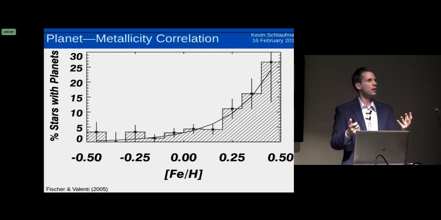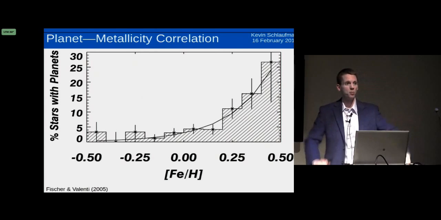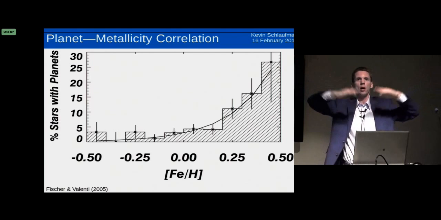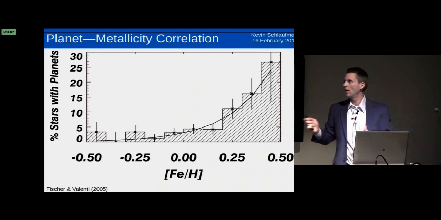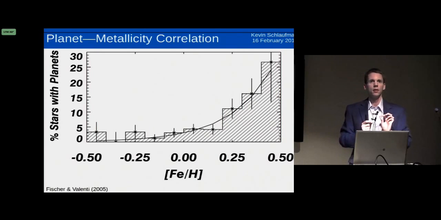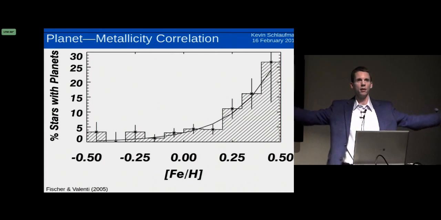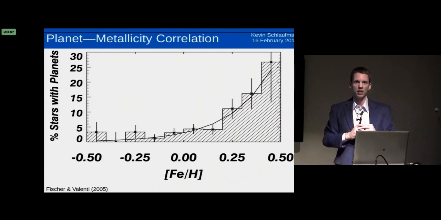And so initially, it was proposed that planets like Jupiter could be formed both by this bottom-up process, which I've ascribed to planet formation, but also by the same top-down process which led to the formation of stars. And it's this observation that's provided the key piece of evidence that the bottom-up scenario is much more likely to be accurate than the top-down scenario, at least for giant planets and stars like the sun.